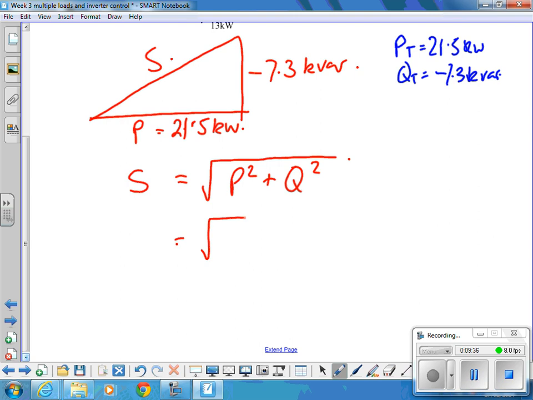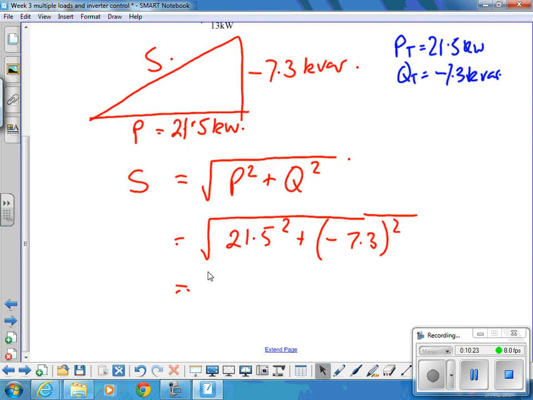So it's the root of 21.5 squared plus minus 7.3 squared, and actually the negative sign is not particularly important here because it's going to come out positive anyway. The answer to that is 22.7 kVA.